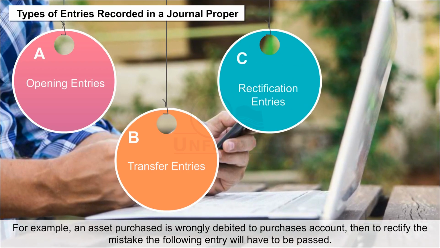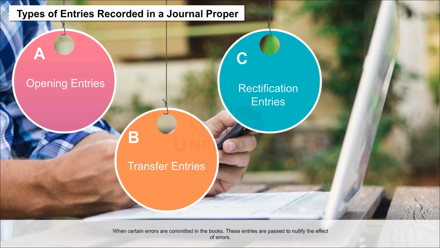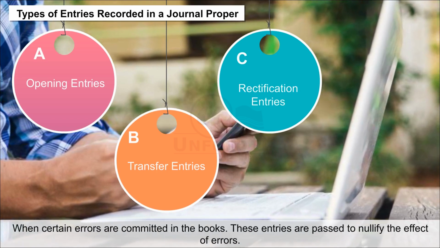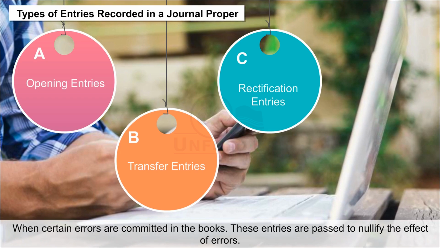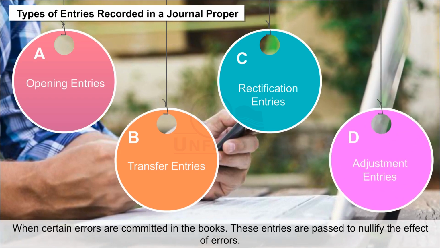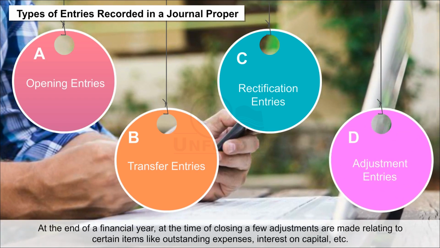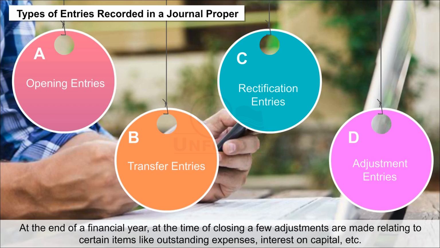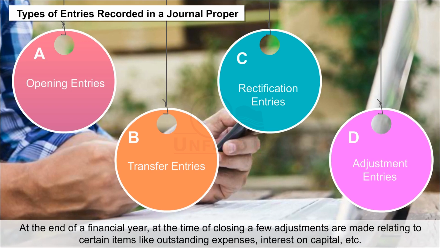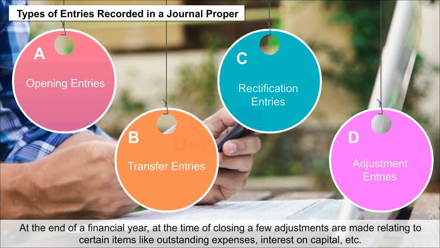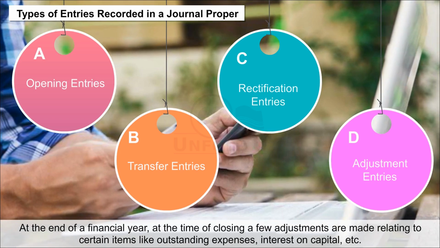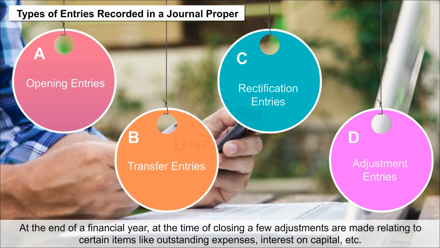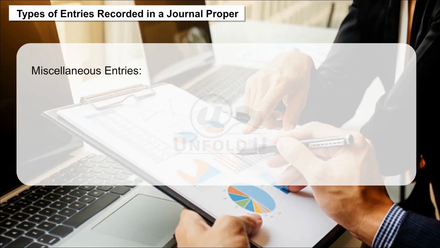C. Rectification entries. When certain errors are committed in the books, these entries are passed to nullify the effects of the errors. D. Adjustment entries. At the end of a financial year, at the time of closing, a few adjustments are made relating to certain items like outstanding expenses, interest on capital, etc. E. Miscellaneous entries.